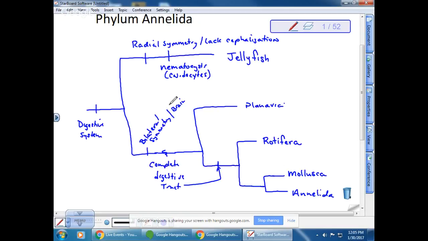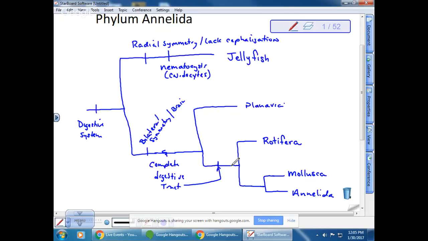But what was the other one? They have a digestive tract, which is a gastrovascular cavity, but so do the jellyfish, right? So that's why I put the digestive system back here. My pen's not working very well. Digestive system's back here. Okay, so the complete digestive tract would distinguish these guys, right?